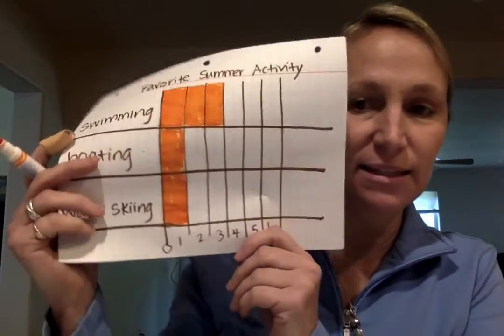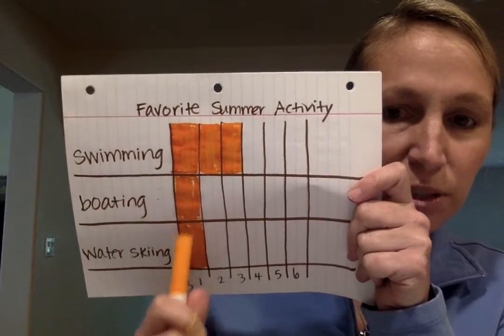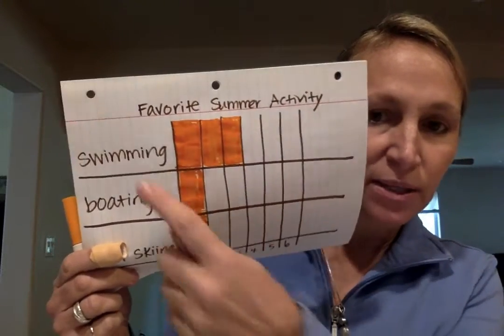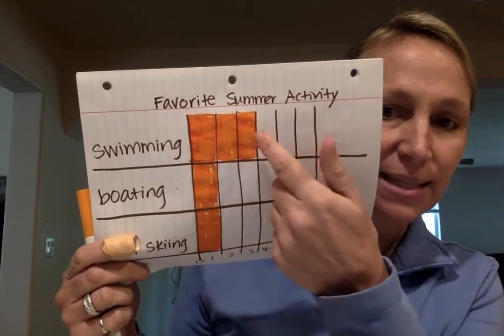So I would keep asking people in the house, and I would come up with information in the bar graph. So let me show you how this worked out. And you can see that it kind of makes a bar when it's done. So let's say this is the information that I gathered. That 3 people liked swimming, 1 was boating, and 1 was water skiing. So you see that when you fill in the whole graph, it makes like a bar.